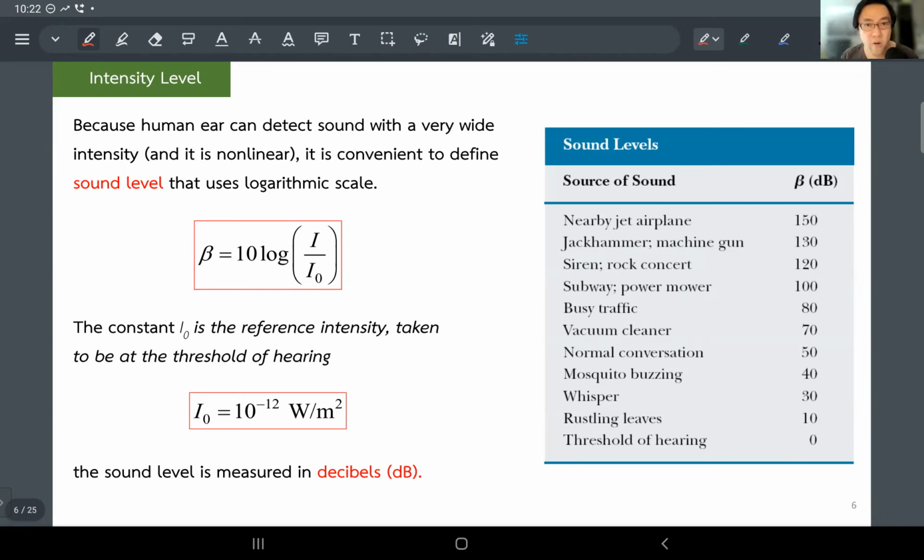The answer is no. It turns out your ear does not respond linearly to the intensity of the sound that gets into the eardrum. Does that make sense? You can go to a concert, and it doesn't tear your eardrum or anything.